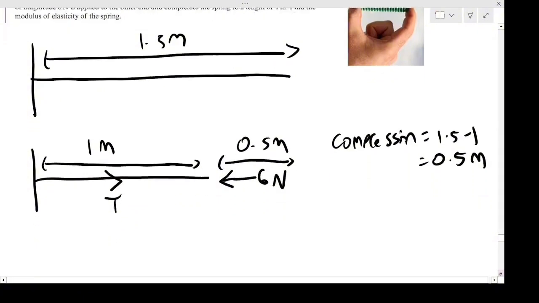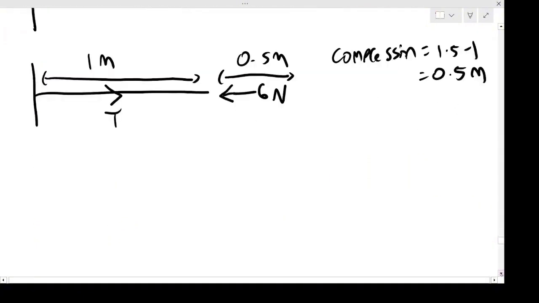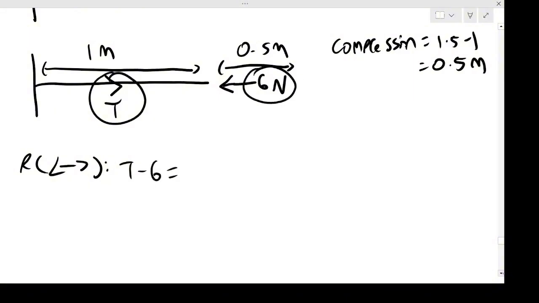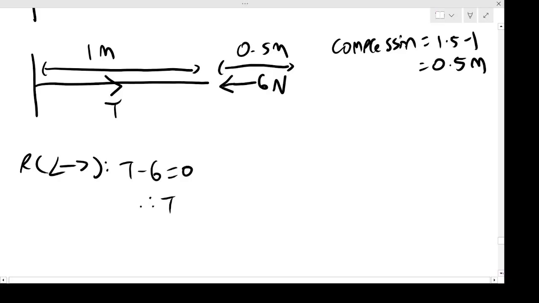So now, if I resolve forwards and backwards, right and left, my T force to the right, take away the 6 to the left, is going to equal 0. There's no acceleration, no movement, so therefore T is 6. But of course, we also know that T is lambda x over L, so T is 6.